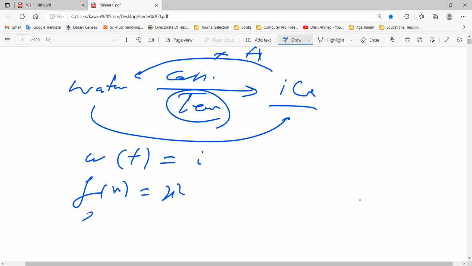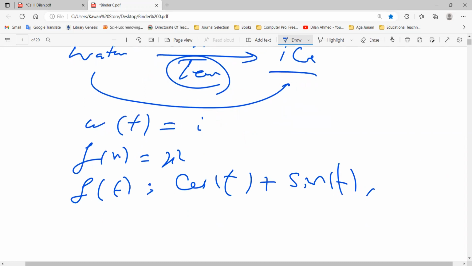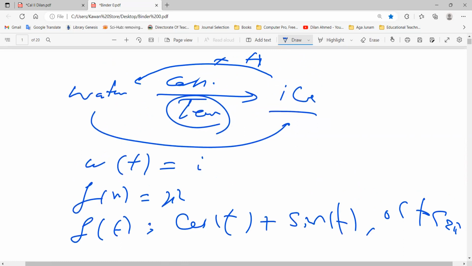So now how about f of t equals cosine t, sine t? And of course I say t is between 0 and, for example, 2 pi. It looks like this: I have water, and as an assistant we have a temperature.